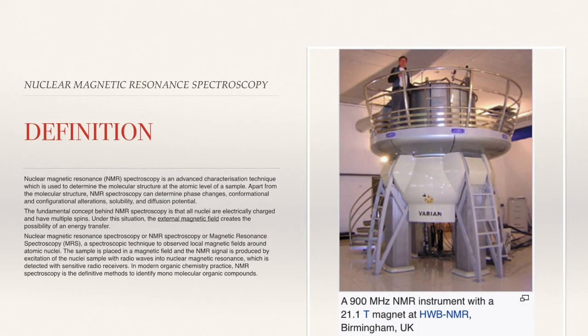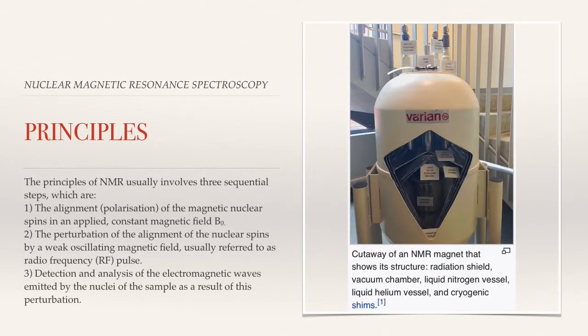So let us proceed to the principles of nuclear magnetic resonance spectroscopy. There are 3 main principles of NMR, which involve 3 sequential steps. First, the alignment or polarization of the magnetic nuclear spins in an applied constant magnetic field, also known as B naught. Second, the perturbation of the alignment of the nuclear spins by a weak oscillating magnetic field, usually referred to as a radio frequency or RF pulse.